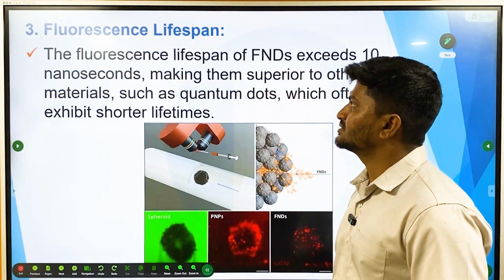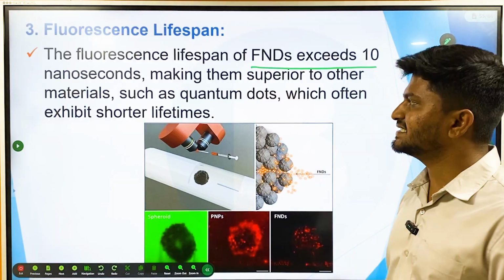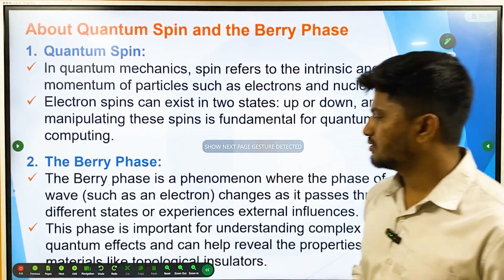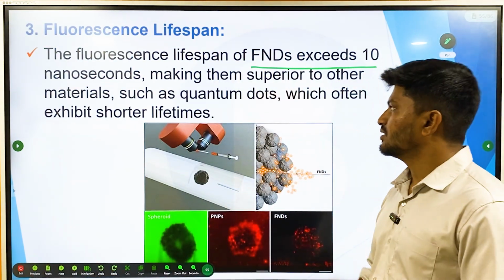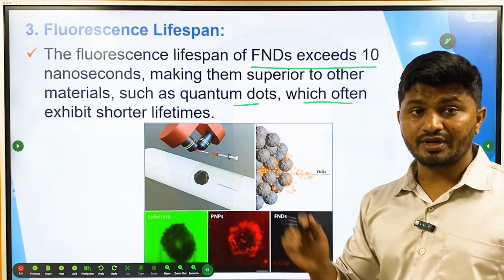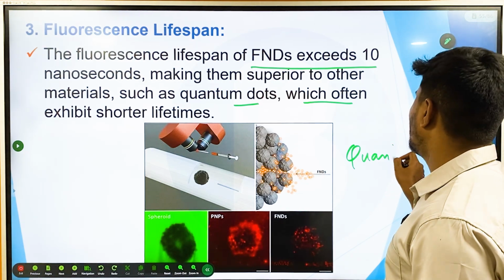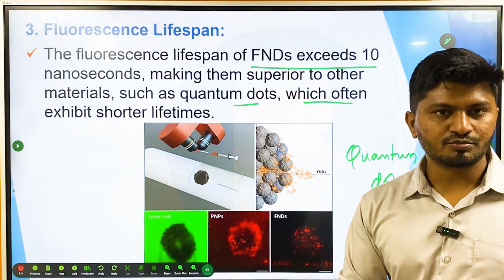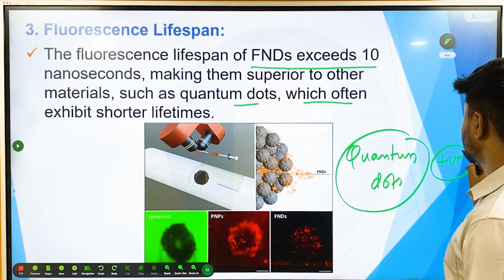Then fluorescence lifespan. The fluorescence lifespan of FNDs exceeds 10 nanoseconds, making them superior to other materials such as quantum dots, which often exhibit shorter lifespans. Very important. Most of the times we associate quantum technology or quantum dots with all the possible positives, any extraordinary achievement.